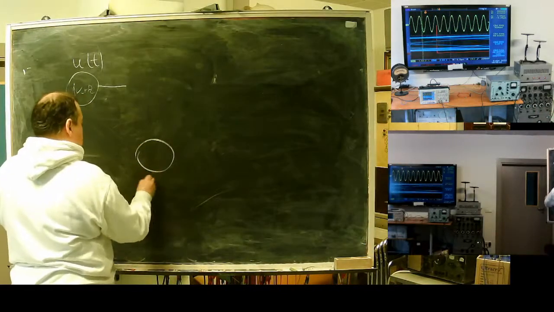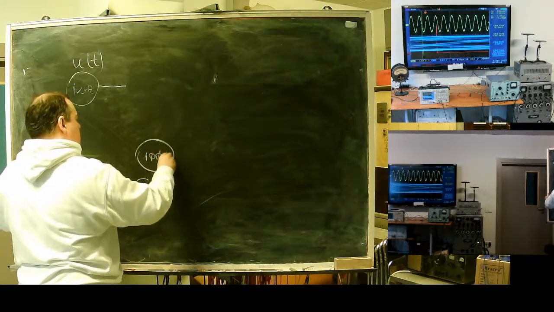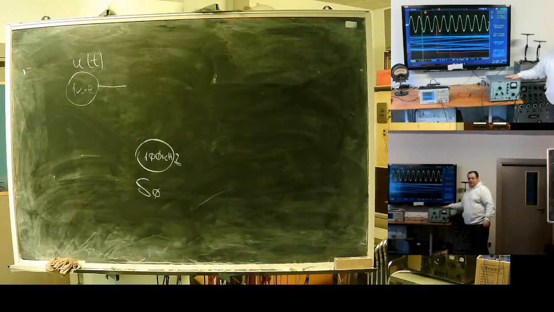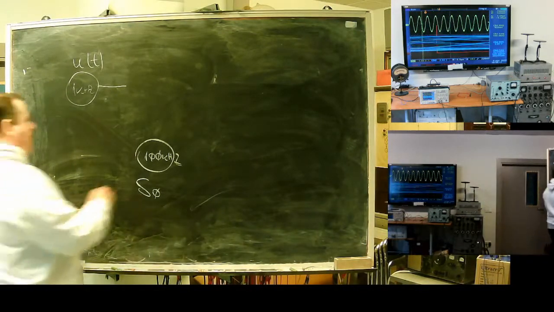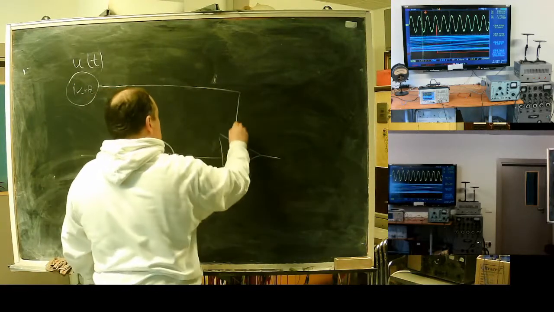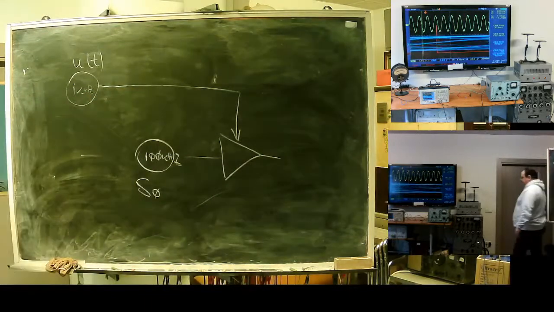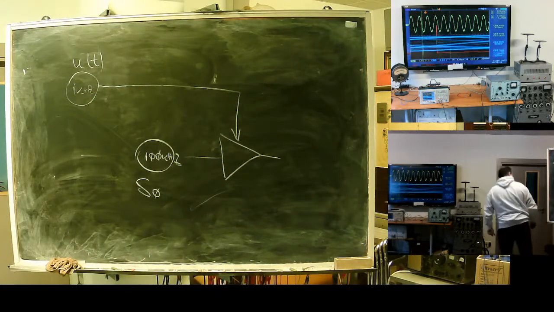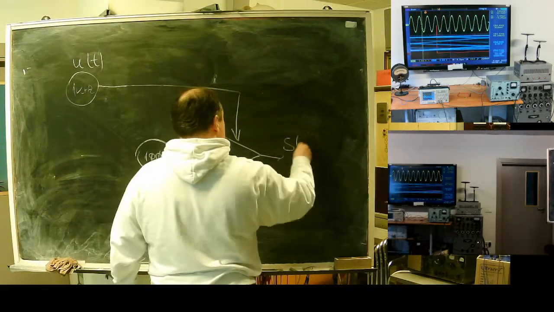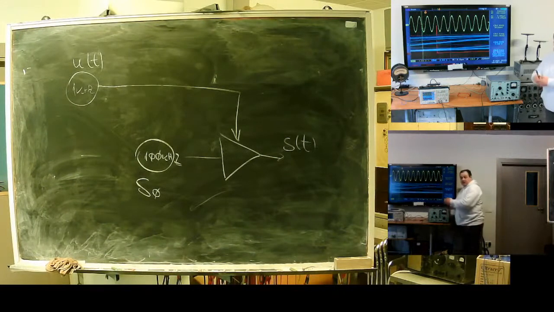I have a source with the frequency 100 kilohertz. It's inside this generator, and inside it has an amplifier with controlled gain. The output will be our signal. I'll connect the cable.